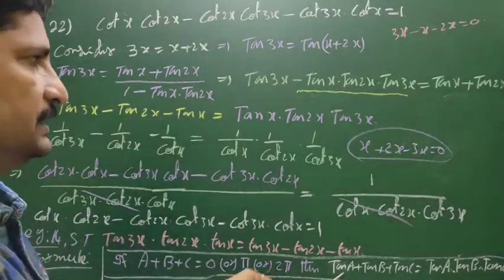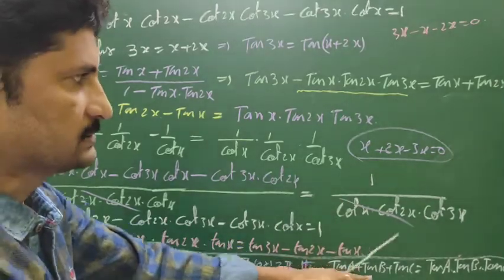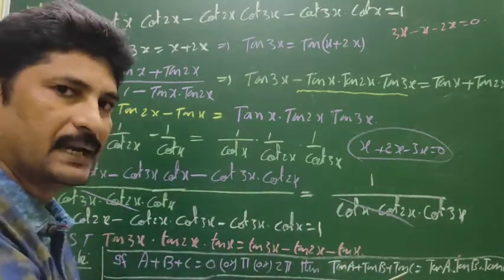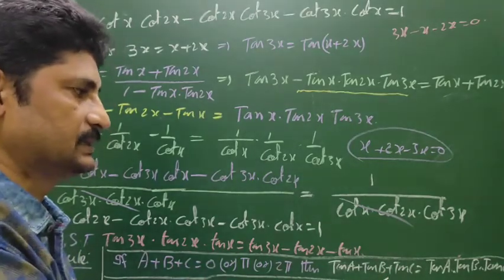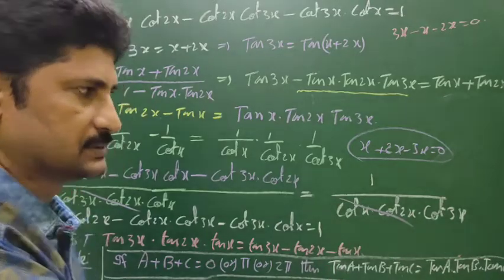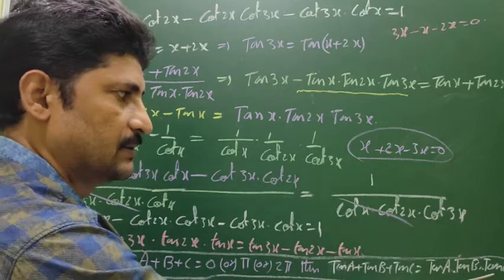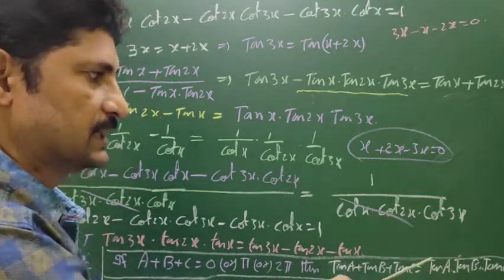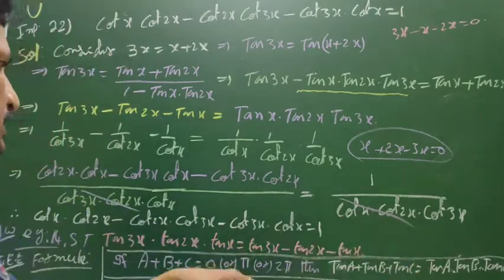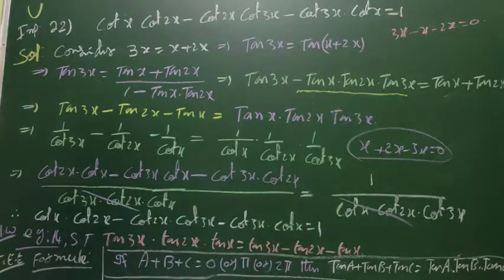Now tan A is tan x, tan B is tan 2x, tan C is tan of minus 3x. Tan of minus x is equal to minus tan x, so tan of minus 3x is minus tan 3x. Now tan x, tan 2x, and tan of minus 3x is minus tan 3x. So the minus came here. To eliminate the minus, multiply by minus on both sides, then you get this step directly. This is the formula for JEE Mains.